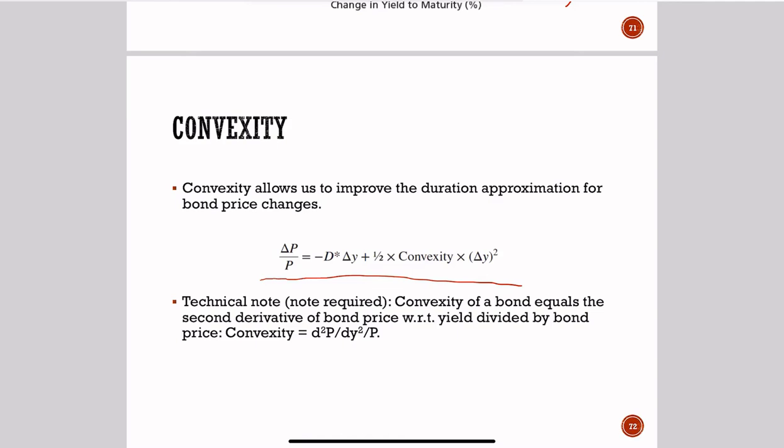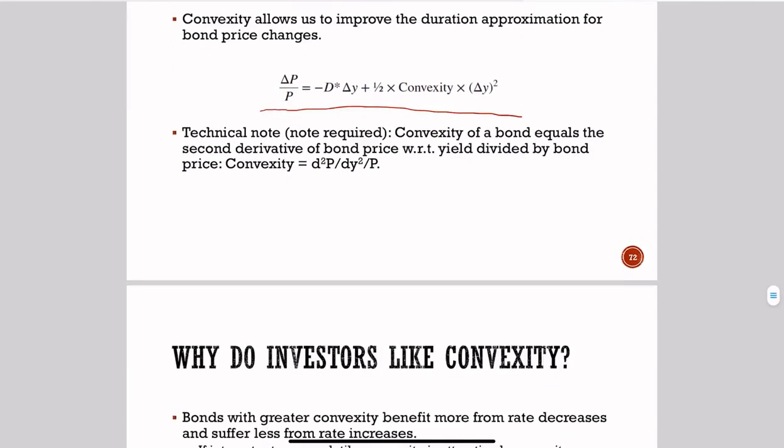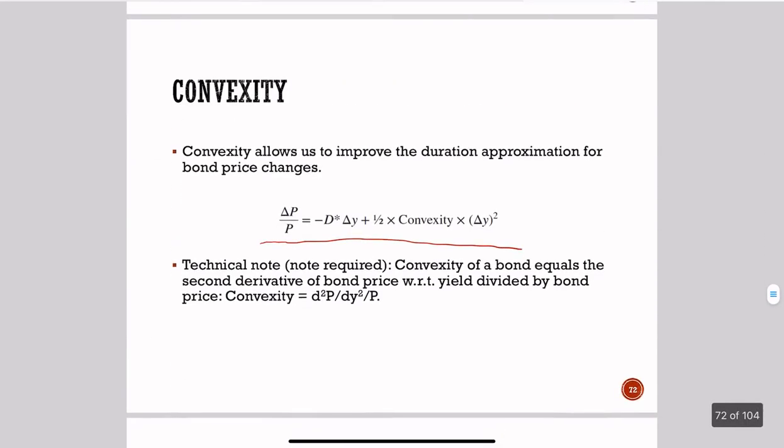So here you just need to know that there exists a more accurate formula to tell you how bond price changes with respect to the change in bond yield. Okay, I guess my time is up. So that's for today's class.